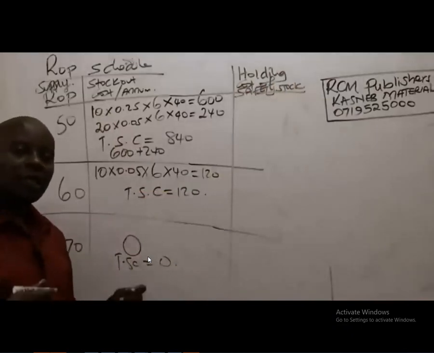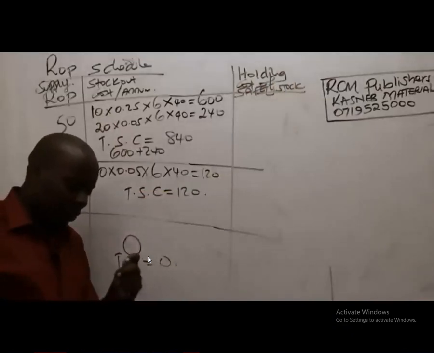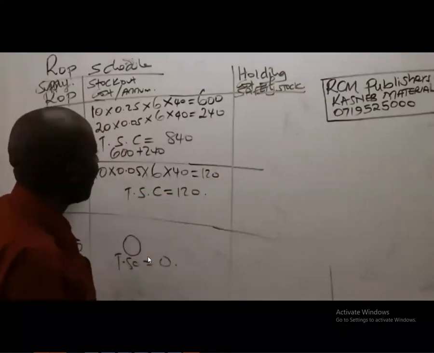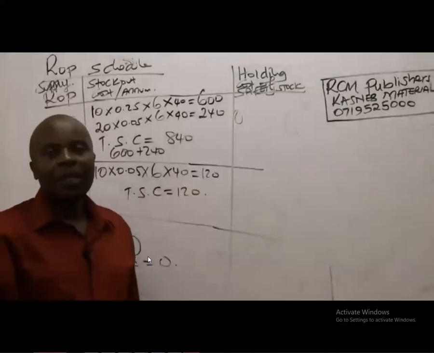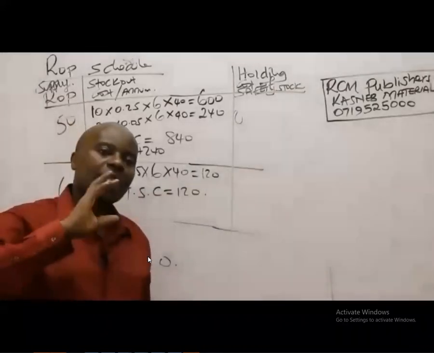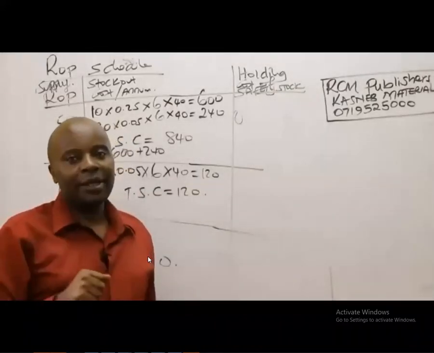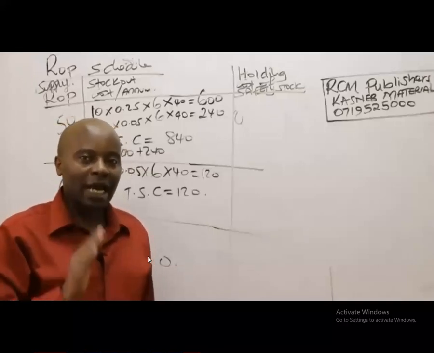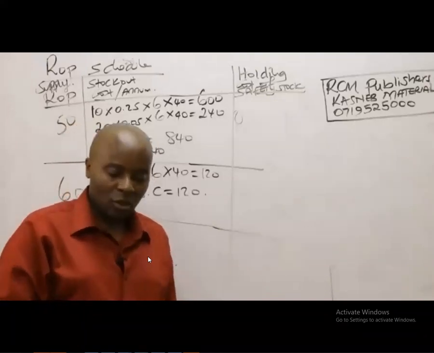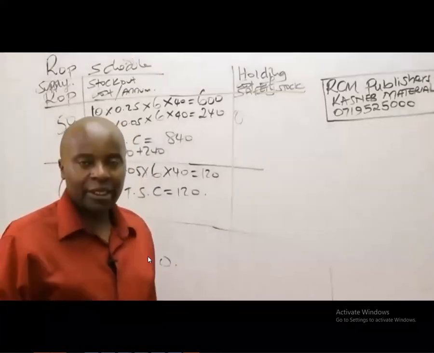How do we get our safety stocks? Remember, by definition, we said that our current drop is that drop which does not have any safety stock. It is also known as the consumption during lead time.